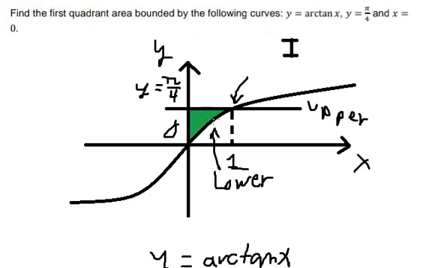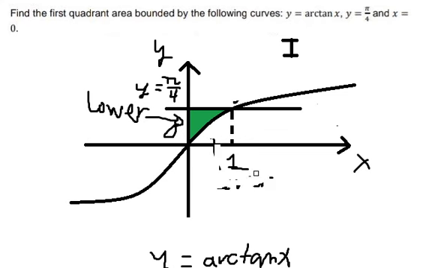Now if we look at the graph, we can see that this one is the lower, and now the curve in here is the upper. Because now we go to an x function, not a y function anymore. So this is the lower, and this one should be the upper.